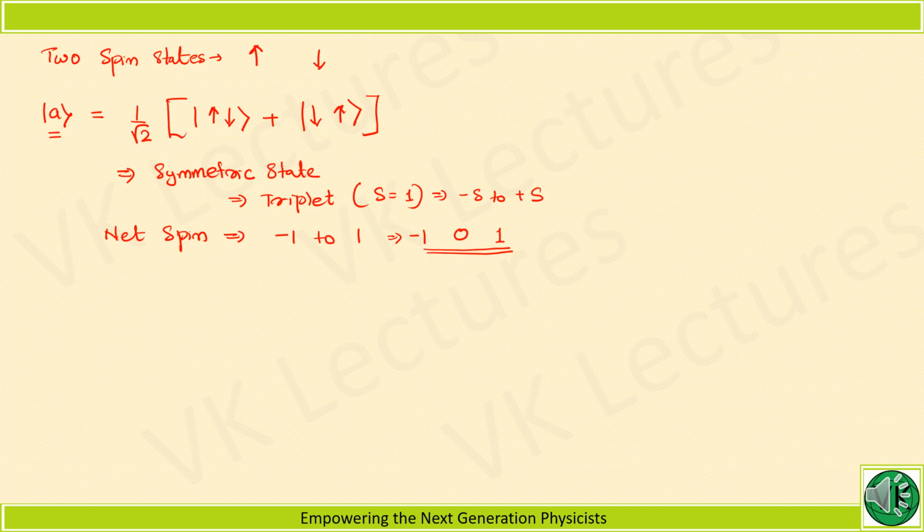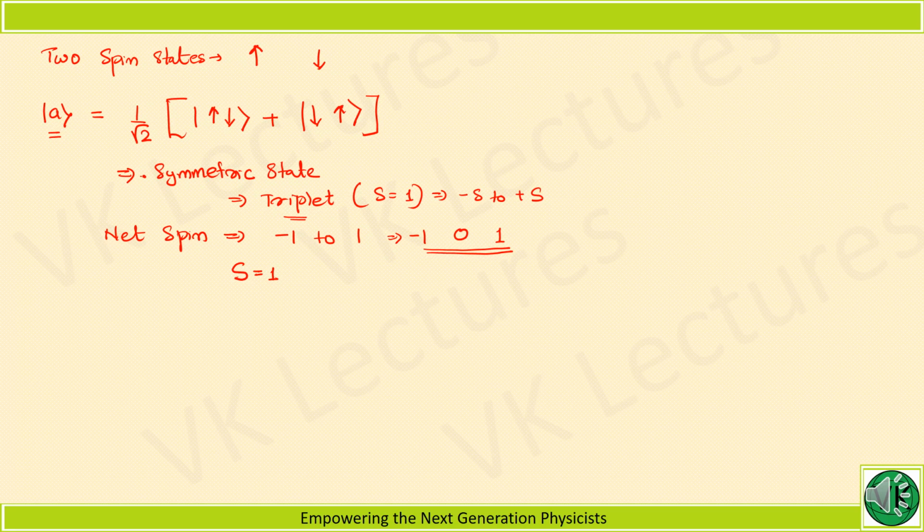So this becomes the triplet state. The triplet state is nothing but the symmetric state, and for the triplet state we have S equal to 1. So A corresponds to S equal to 1.